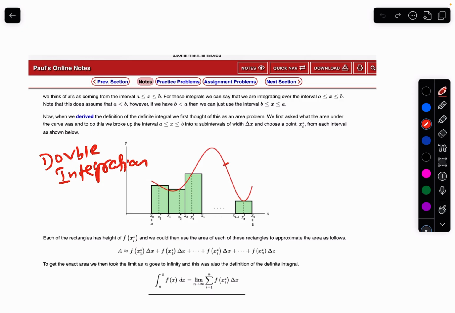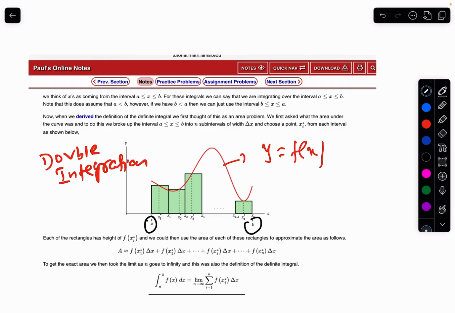Suppose you have this curve, y equal to f(x), and we would like to find out the area under the curve between the points, say, a and b.